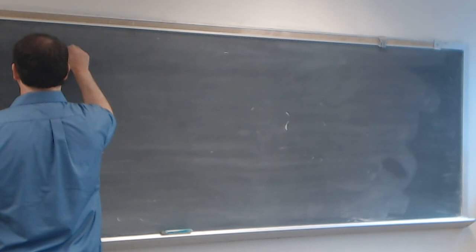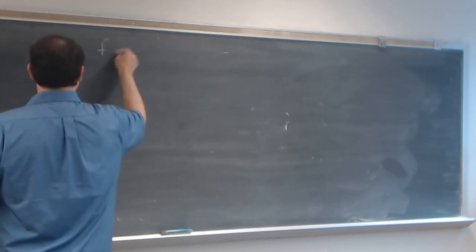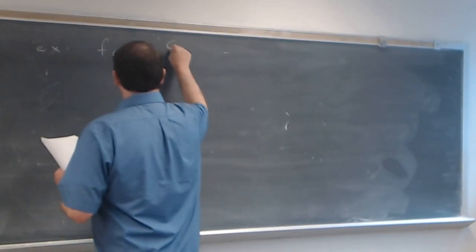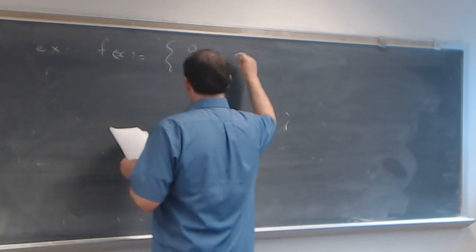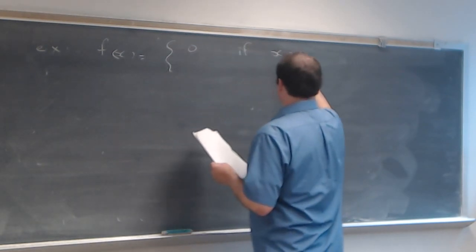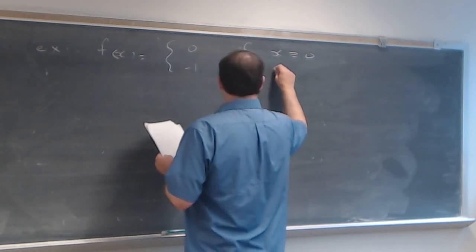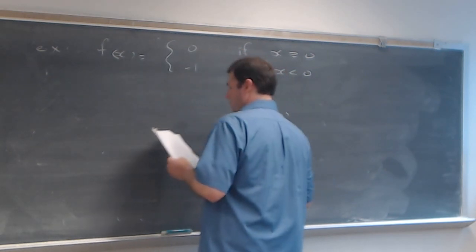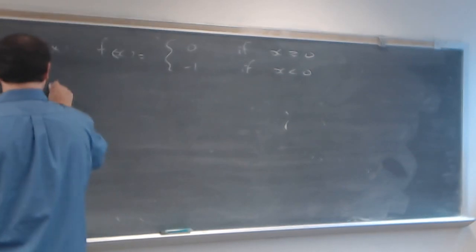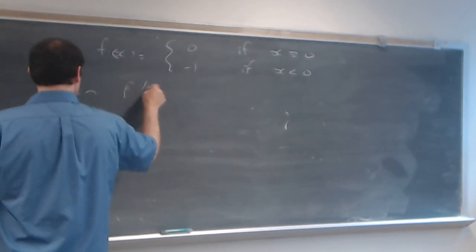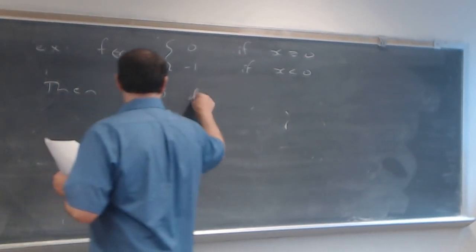Here's such an example. We're going to let f of x be defined to be 0 if x is greater than or equal to 0, and minus 1 if x is less than 0. And here's what we claim. Then f prime of 0 does not exist.